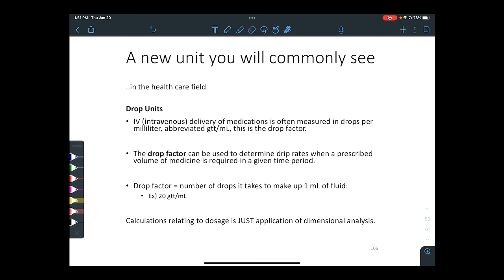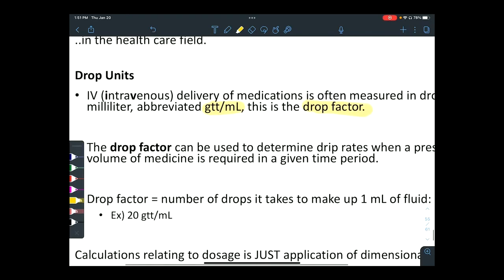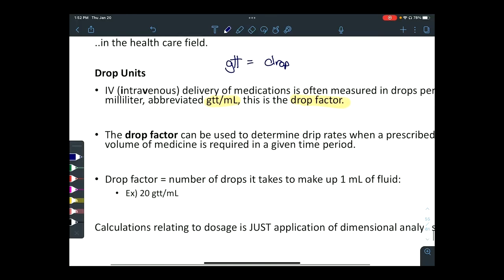Oftentimes in IVs, you'll see some weird units here. Drops per milliliter is our drop factor. GTT, just to simplify this, means drop. So in this next line, it says drop factor. It's the number of drops to make up 1 milliliter of solution.